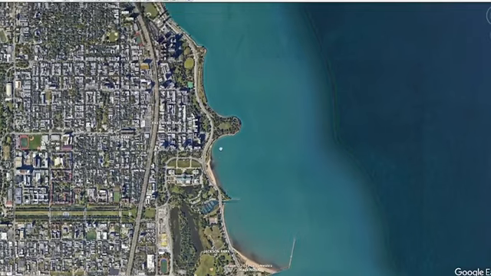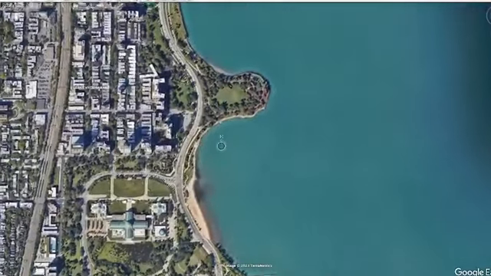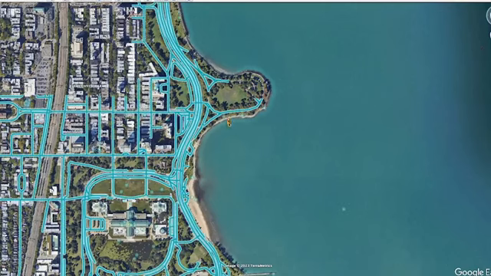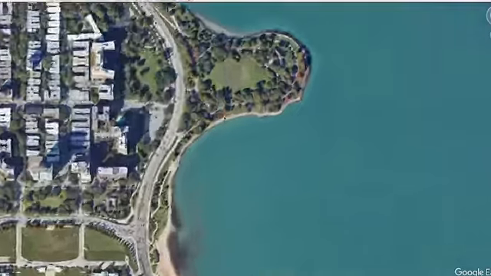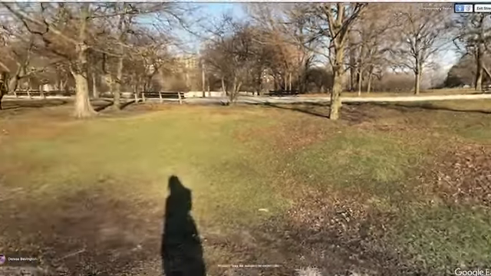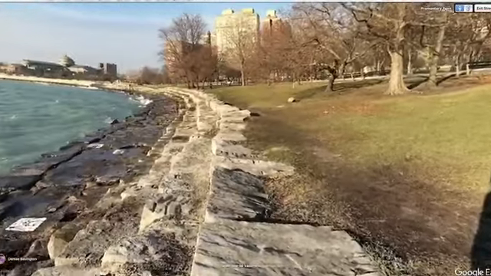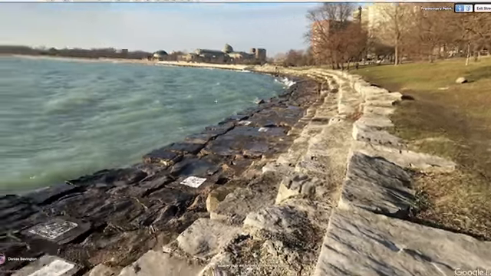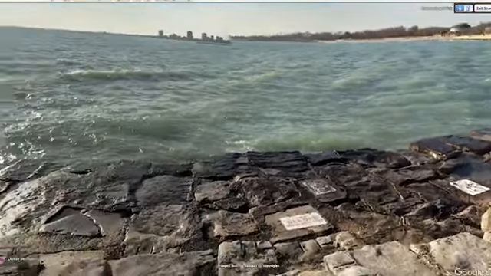So we were looking for a crescent-shaped shoreline as seen in our image, and so I ventured northward from the previous location and started popping down to various spots to get a visual on the shoreline. What we see here is how the Chicago shoreline in many places has what appears to be a breakwater or an artificial step that is completed with what seems to be large stone blocks.